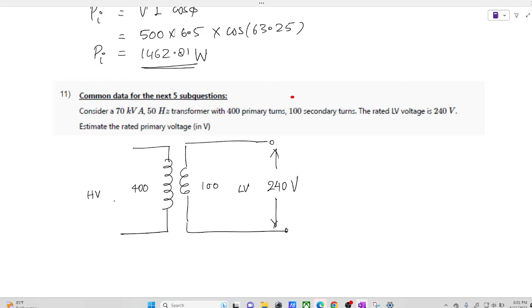Simply multiply with the turns ratio, that will be 960. Clear?